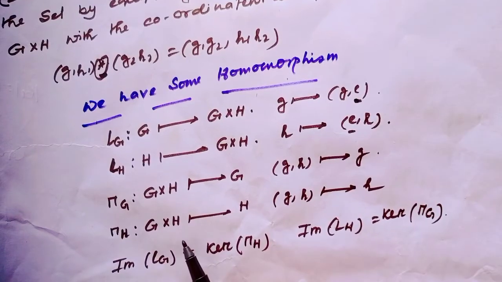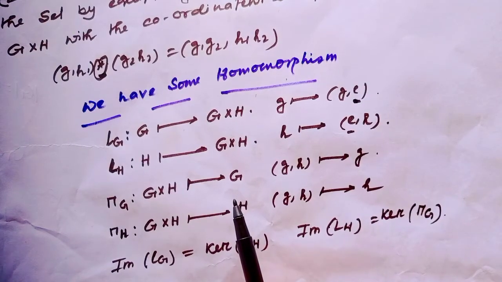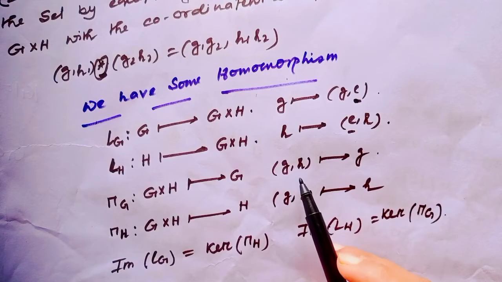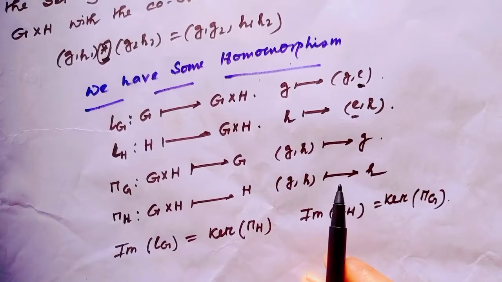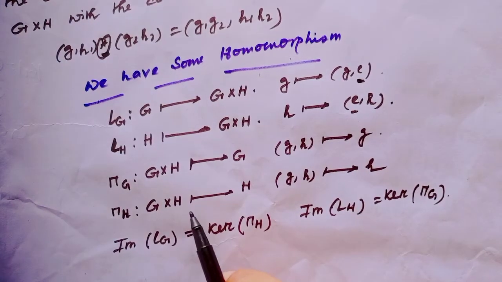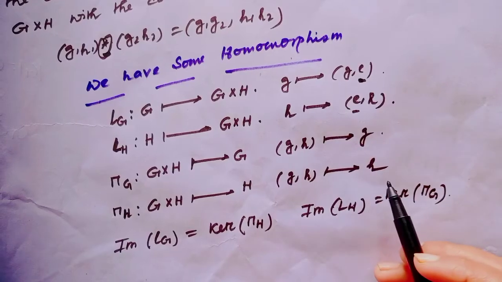Then I defined the projection map. Here G cross H maps to G. We all know the projection map. Here (g, h) sends to g, and the other projection map, which I have indicated as pi H, maps G cross capital H to capital H, so (g, h) sends to h.